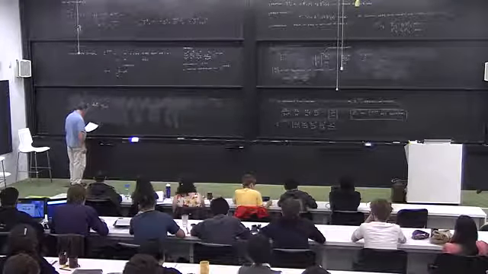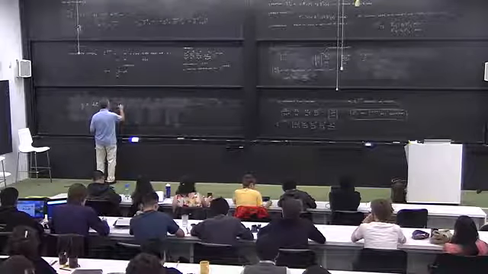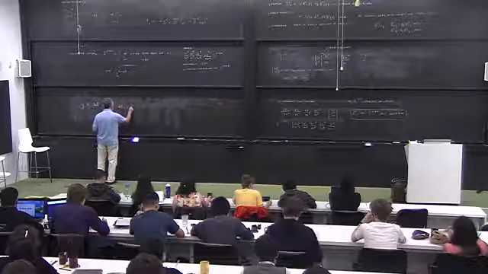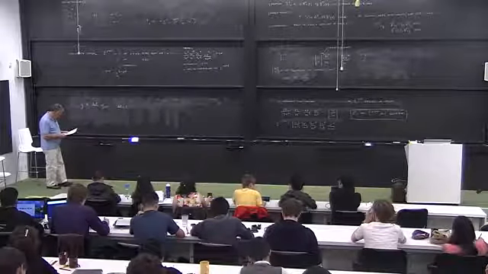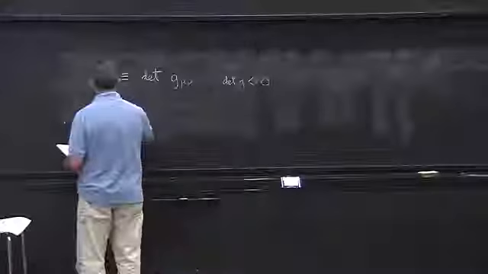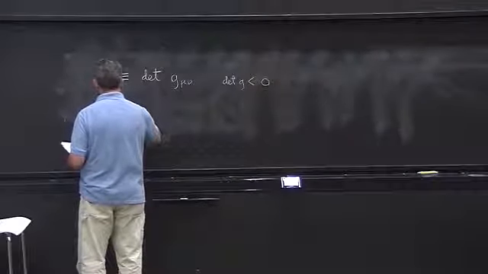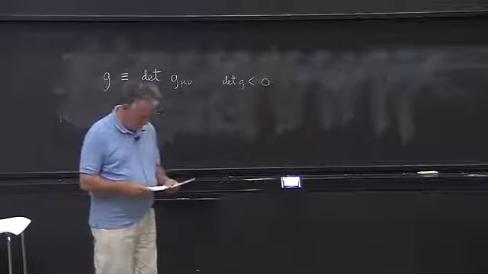Because of the signature, the determinant of g will always be negative, by the way. Now that has weight 2, if you calculate its weight.